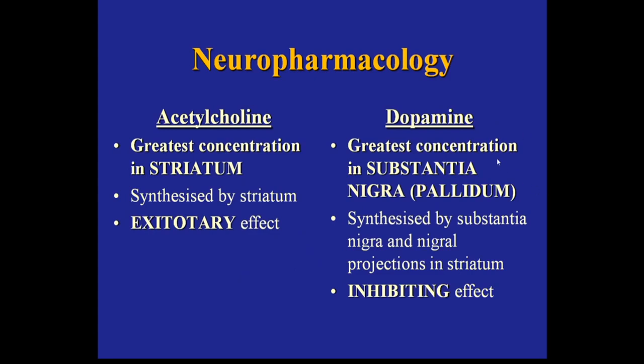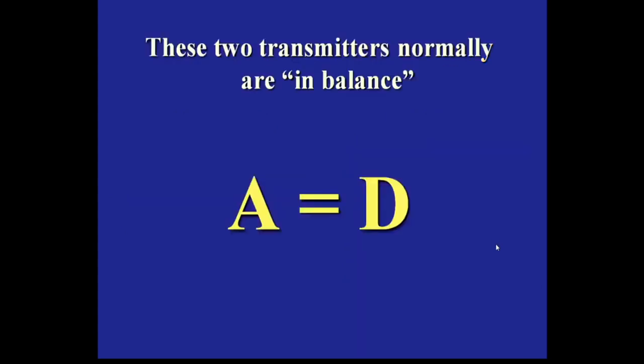Dopamine, greatest concentration in substantia nigra and pallidum, synthesized by substantia nigra and nigral projections in striatum and has inhibiting effect. Normally, in organisms, these 2 transmitters are in functional balance. Functional concentration of acetylcholine is equal to functional concentration of dopamine.